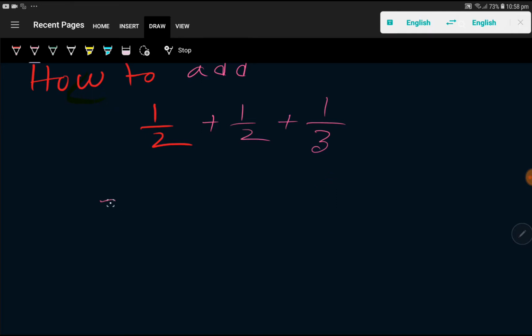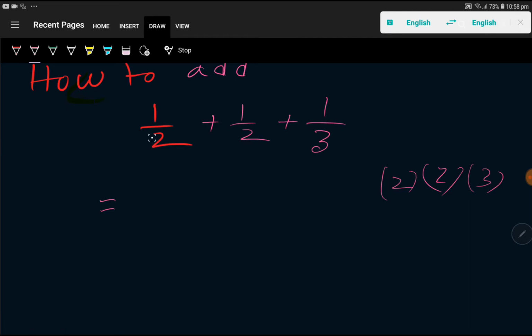So look, our target is to get the same denominators. So here we have 2, here we have 2, and here we have 3, right?